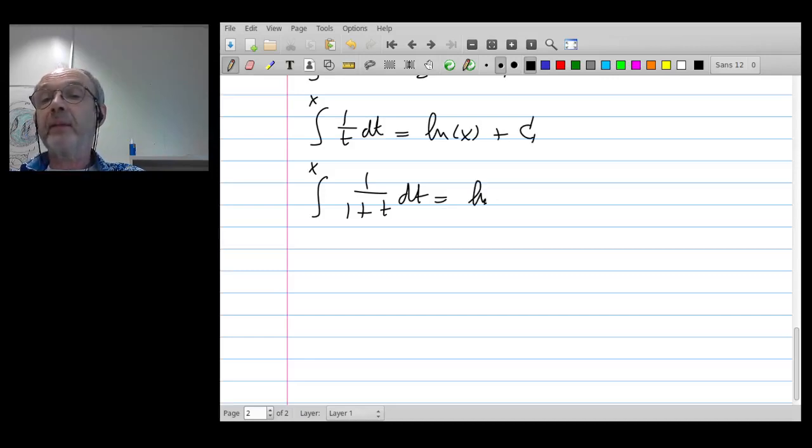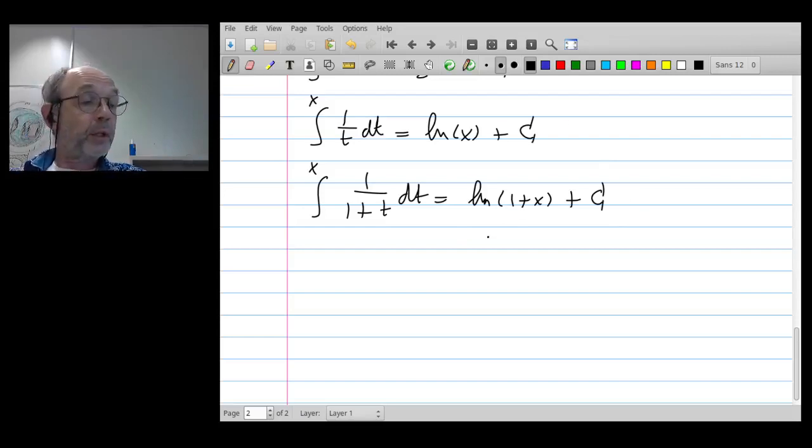I think that the ln of 1 plus x will be a very good one, plus some c. If you differentiate this with respect to x, you get 1 divided by 1 plus x, and here you fill in the upper boundary in that expression. You get 1 over 1 plus x times the derivative of x, and that is 1. Yeah, that is going well.